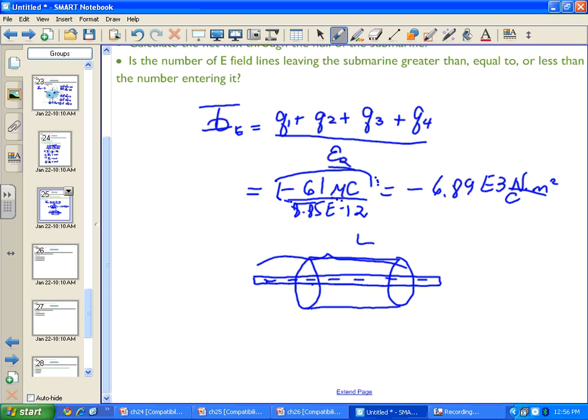Now, we know that the electric field will point towards the line because, of course, the line is negative, and therefore, if we could visualize the electric field, this is what it would look like. Now, the cylinder is not as long as the line itself, and in fact has a length little l.